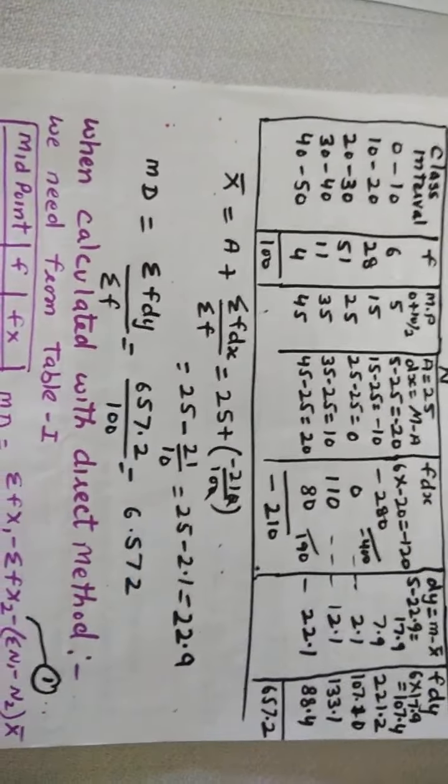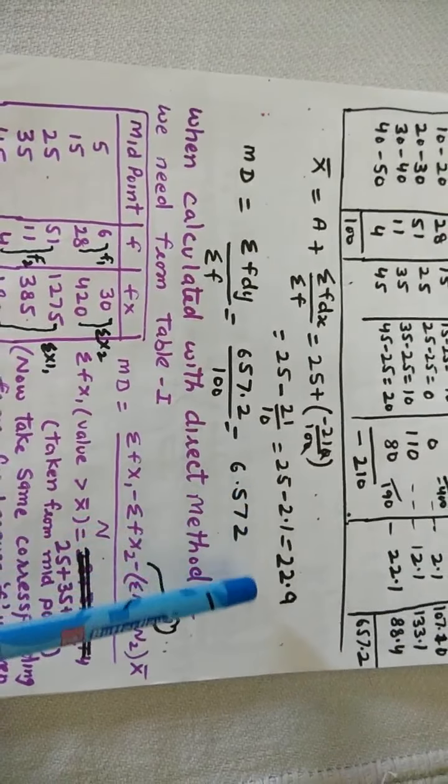6.572 is the mean deviation. When we calculate mean deviation with the direct method, we need the midpoint from that table and the frequency, and multiply midpoint with frequency, we get fx. 5 into 6, 30. Find the values. First is the value of summation fx1, values greater than the mean. Mean was 22.9.